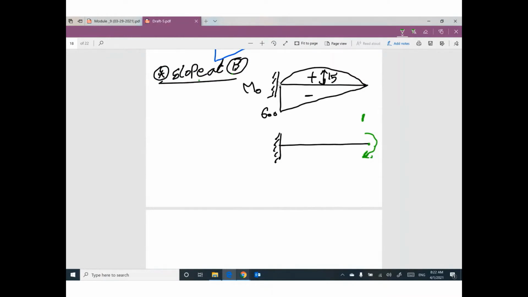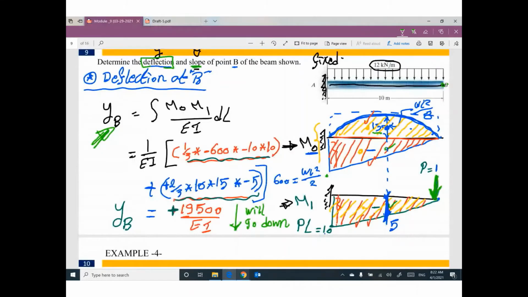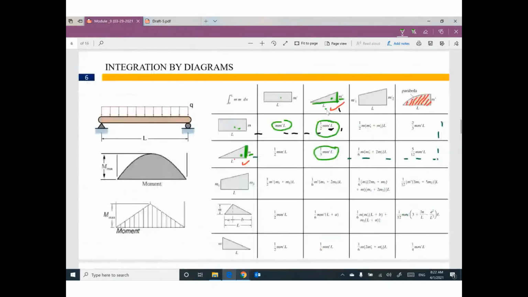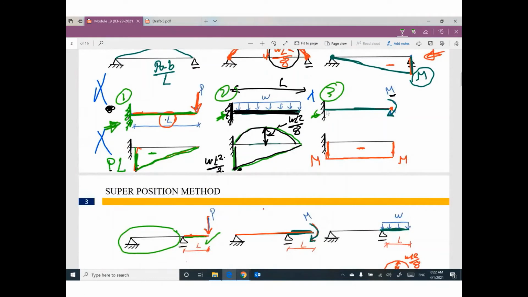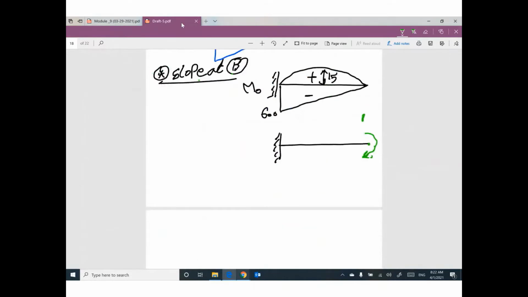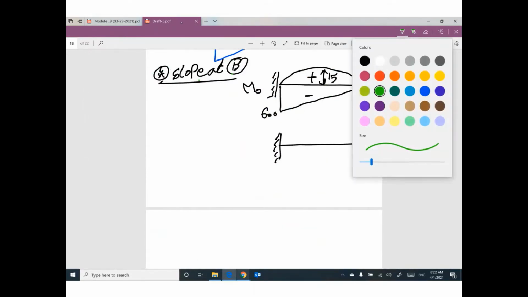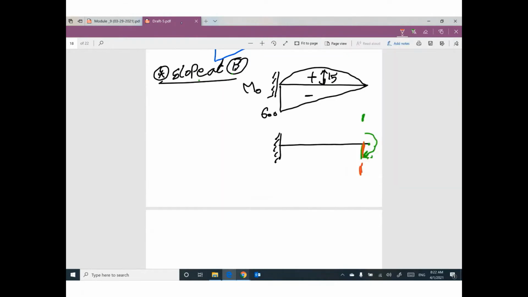I believe this cantilever with this moment looks like this case. So your bending moment will be 1 down at the head of the arrow, and this one will be constant, negative.